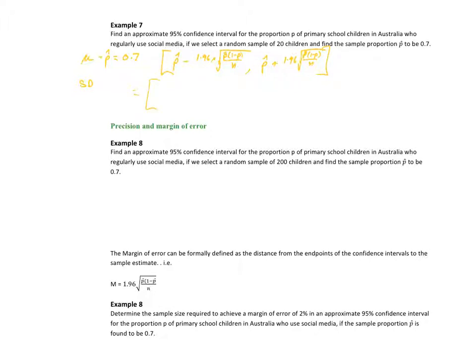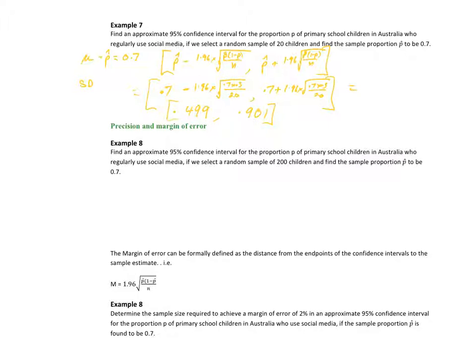So for us, it's going to be 0.7 minus 1.96 times the square root of 0.7 by 0.3 over a sample size of 20, to 0.7 plus 1.96 times the square root of 0.7 by 0.3 over 20. If I work that out on my calculator, I'm going to get 0.499 to 0.901.